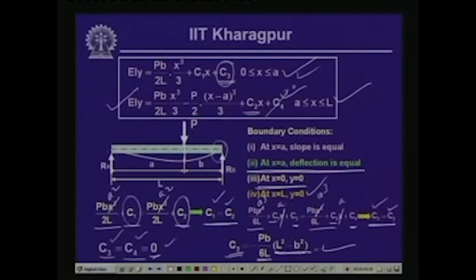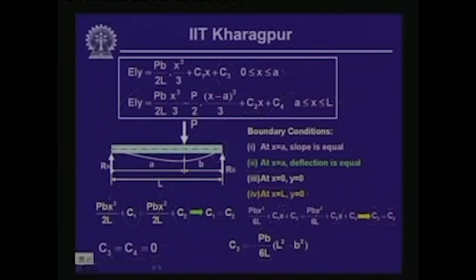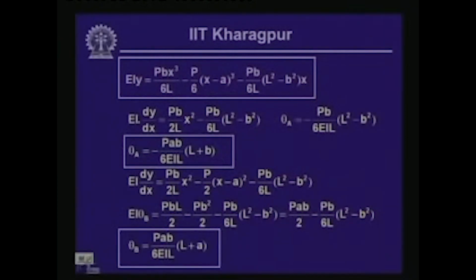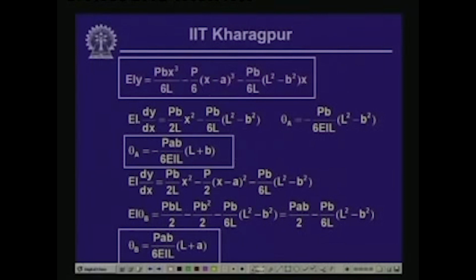Now, all the unknown constants are evaluated except C2 and C1, since C1 is equal to C2. So, C1 and C2 will be existing, and C3, C4 are 0. Now, once you substitute this value of C2, the expression for the deflection curve comes like this: EIy is equal to Pb x cube by 6L minus P by 6 x minus a cube minus Pb by 6L times L square minus B square x.